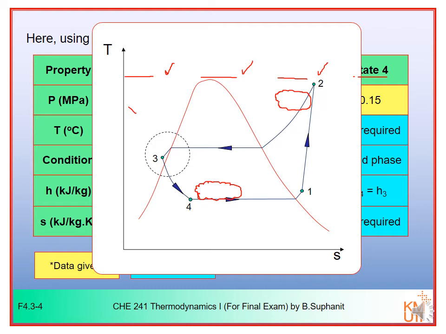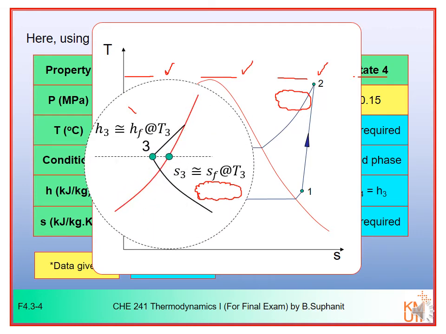You can see that point number 3 in the subcooled liquid region is very close to the sat liquid line.